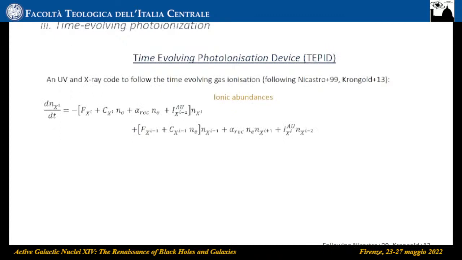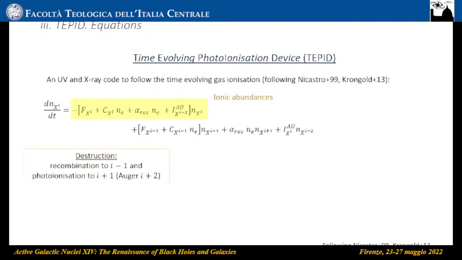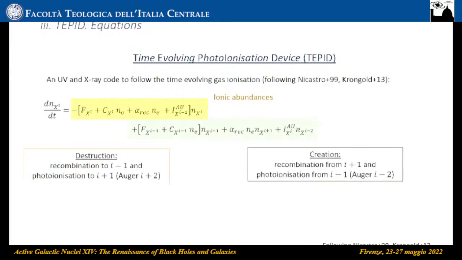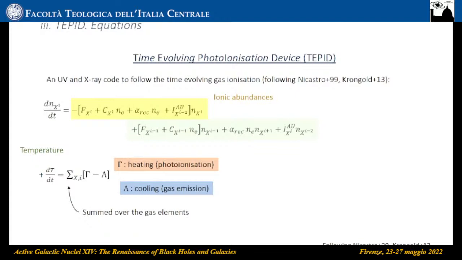There are several ingredients. The first one is the ionic abundance variation over time, which is composed of many terms. The other one is the temperature evolution, which is the balance between heating by photoionization and cooling by gas emission of lines. And then you also have charge conservation. So in a snapshot here, there is the workflow of TEPID.